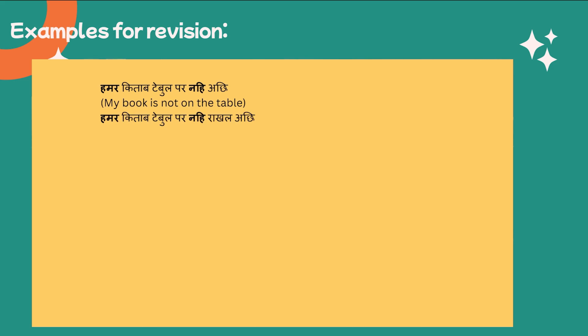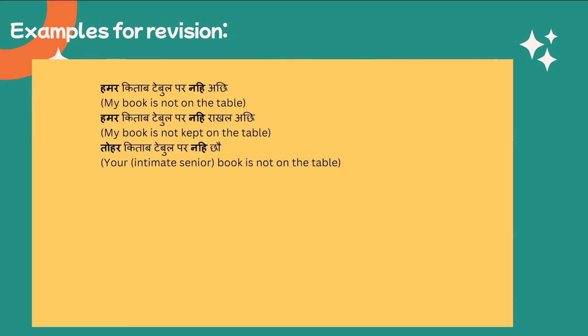Next sentence is हमर किताब टेबल पर नहीं राखल अछि. My book is not kept on the table. तोहर किताब टेबल पर नहीं छौ. That means your book is not on the table. Then तोहर किताब टेबल पर नहीं छ, which is again the same thing, but it is addressed to someone who is senior.